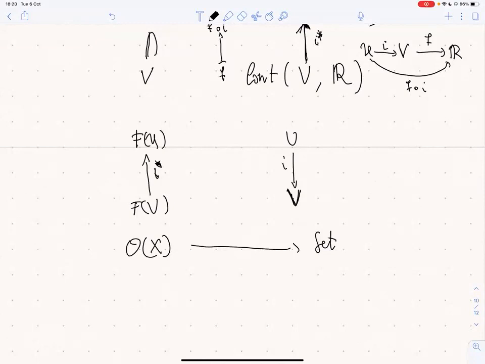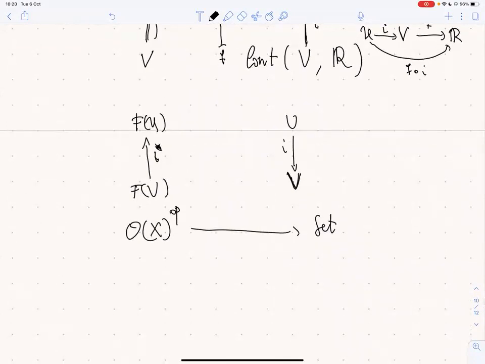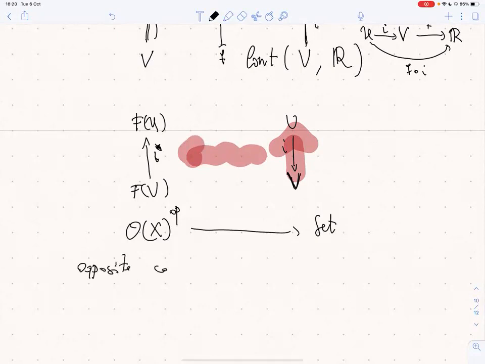Yes, so there is a way to fix this problem, which is just to take it from the opposite category, because in this way, this i goes in the other direction. And so it is functorial. So to be precise, opposite categories were invented to deal with contravariant assignments.